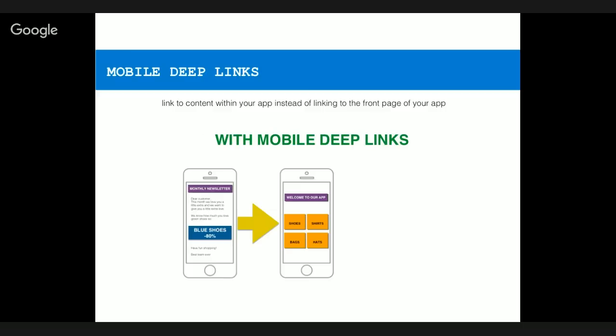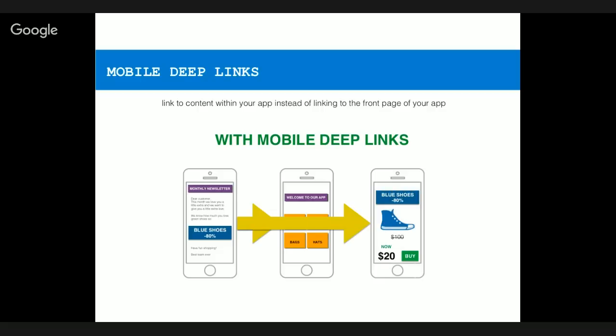With mobile deep links, however, instead of ending up on the front page of your app, your customer will end up deeper in your content and directly on the promotion page for your blue shoes that are minus 80% off, and here they can get them for $20 and they can buy them here.